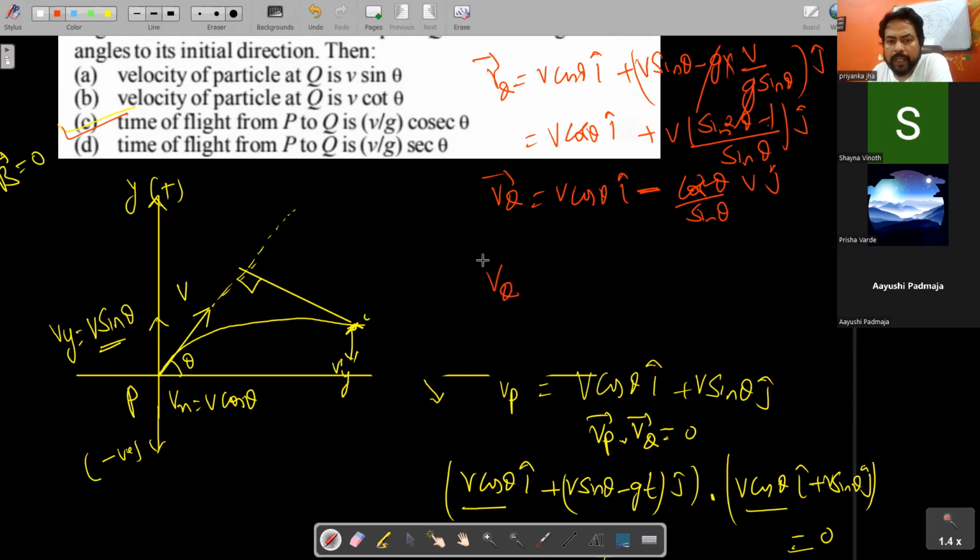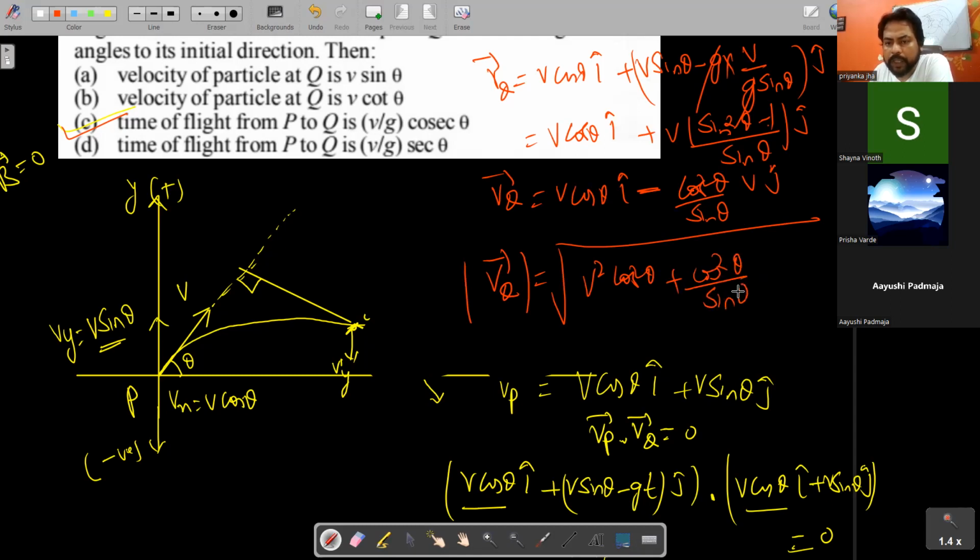Now you take the modulus of this. That would be the square root of V square of this component plus square of this component. That would be cos square theta upon sin theta to the power 2 into V square.